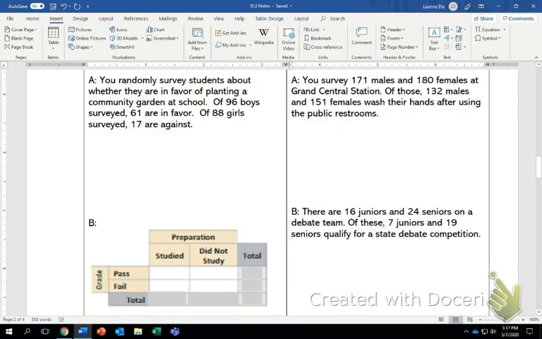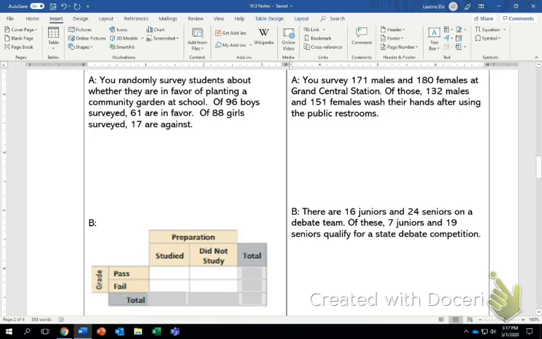So these are the same problems from example 1.1, and instead of creating our joint frequency or our two-way table, we are going to create the relative frequency, which is the probability. So I'm not going to have a picture of it next to it.